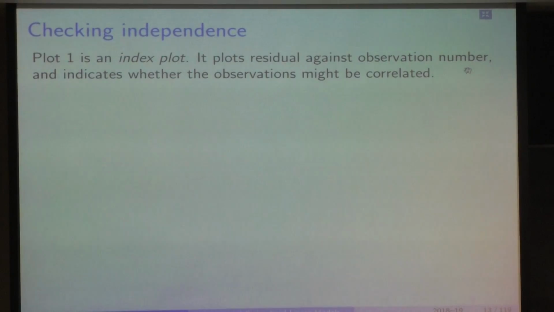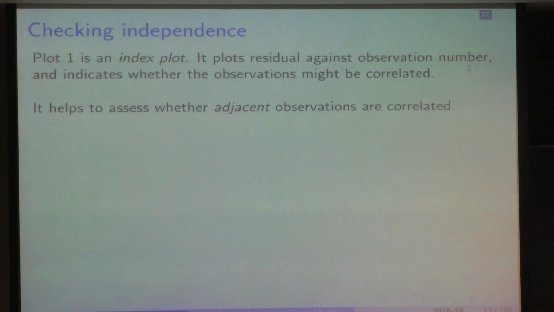You might have an effect where you tend to get a high residual in one term, then you get another high residual in the next term. That might be a typical way in which you would see non-independence. So the index plot is trying to see whether adjacent observations in the data set might have a correlation.